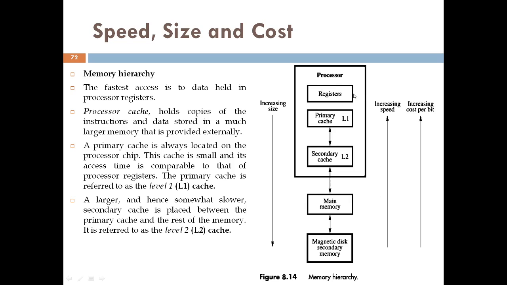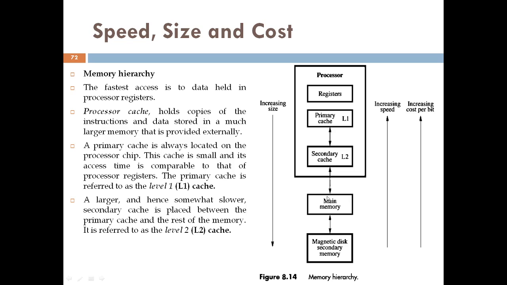The processor registers and primary cache are the fastest memory speed wise. Cost also increases in the same way as speed, when we move from the bottom to top direction in the memory hierarchy.